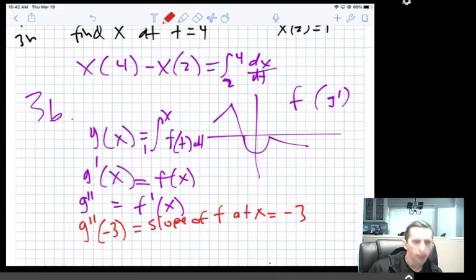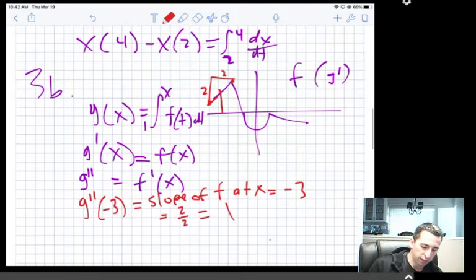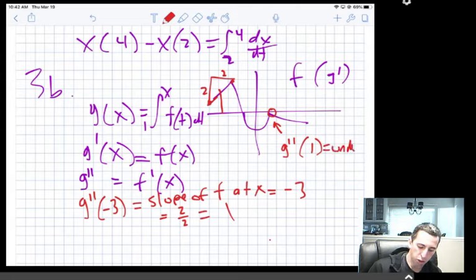We could do that. Okay, so -3 is on this section of the graph. You just find the slope of that section of the graph. On that section, it goes up 2 over 2, so the slope there is 2 over 2, or 1. If I ask for the slope at one of the corner points, for example g double prime of 1, at this point right here, that would be undefined because we have that sharp corner there.